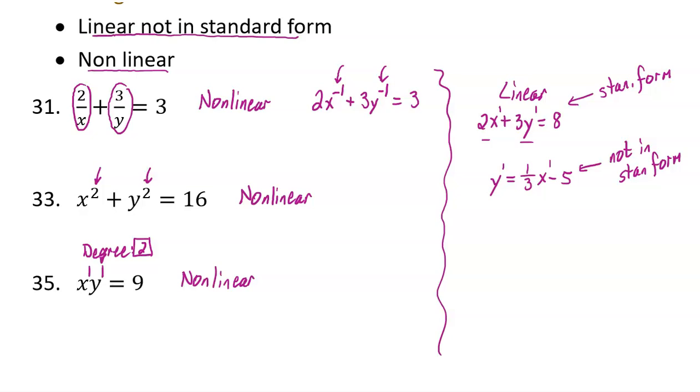A linear equation in standard form has both variables on the left side of the equals. So in my first example, to the left of the equals, you see the letter x and the letter y. That's standard form. But in my second equation, here's the equals, only the letter y appears on the left side of that equals. So that's not standard form.